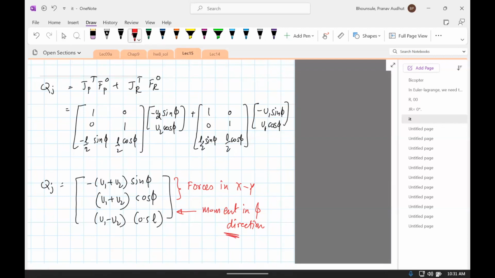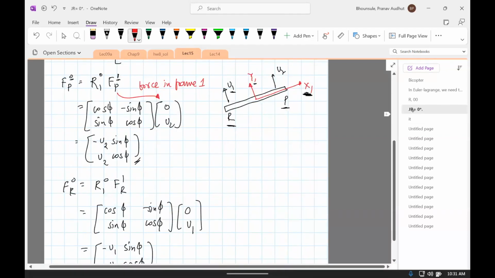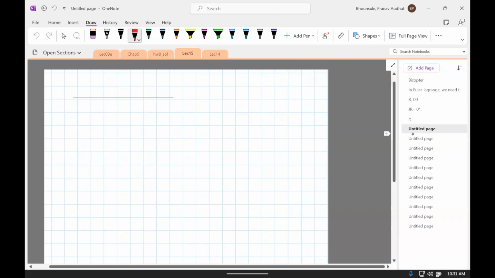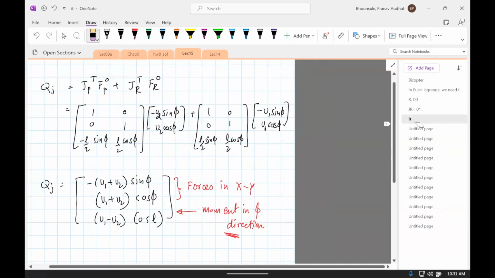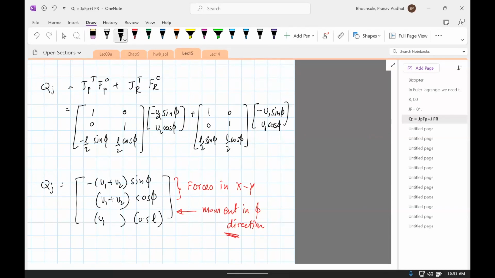And if you take the moment about the center point, then you'll see it's simply u1 minus u2 times 0.5 L. And check u1, u2. Yeah, I think you'll get this. There's a minus sign I missed here; put a minus sign on u2.